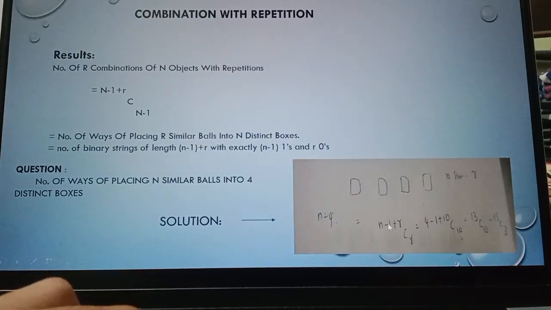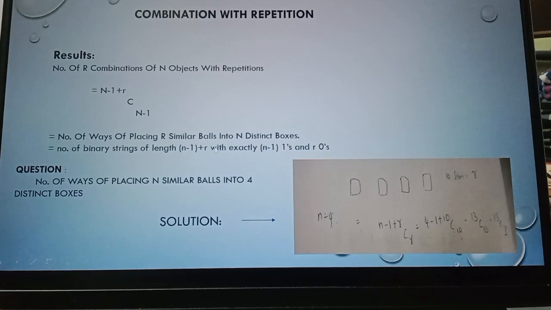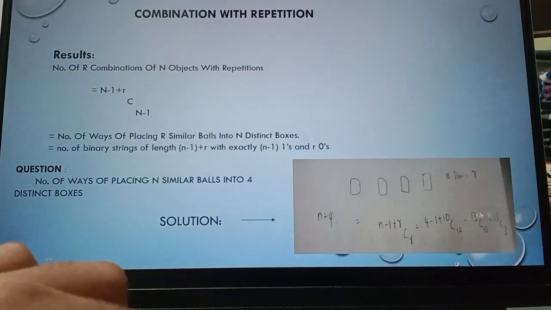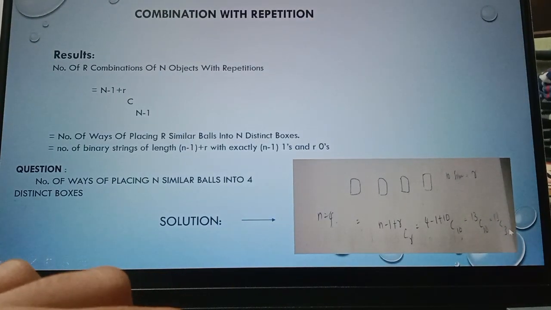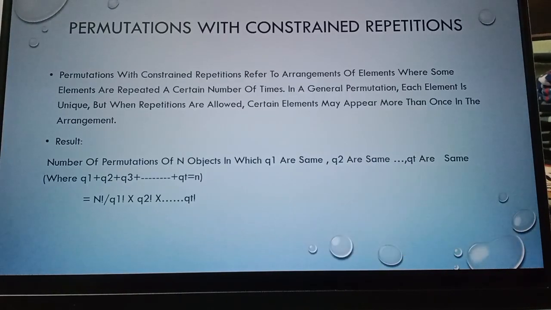The formula is (n minus 1 plus r)C r, because we are considering similar balls, that means combination with repetition. What is n? The number of boxes, that is 4. What is r? The 10 similar balls we are placing. On solving this we get 13C10, which is equal to 13C3. I hope you all understood this problem.